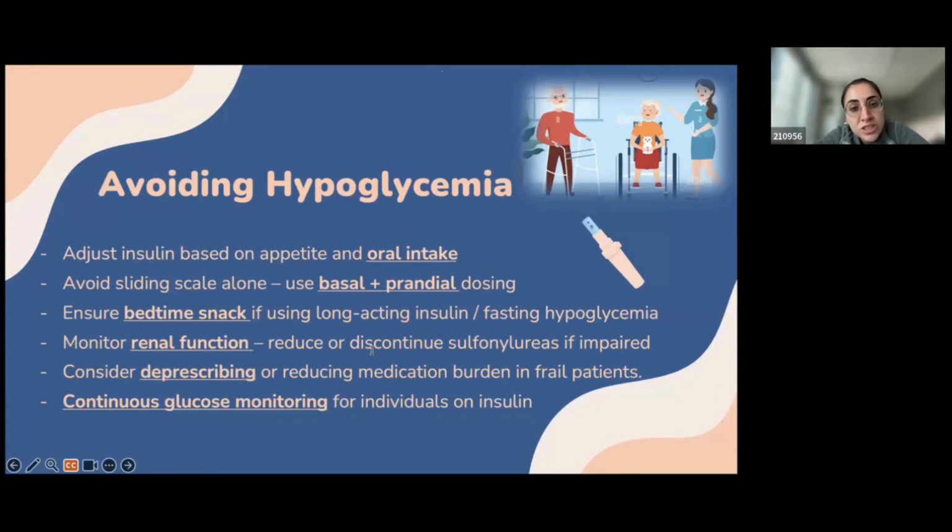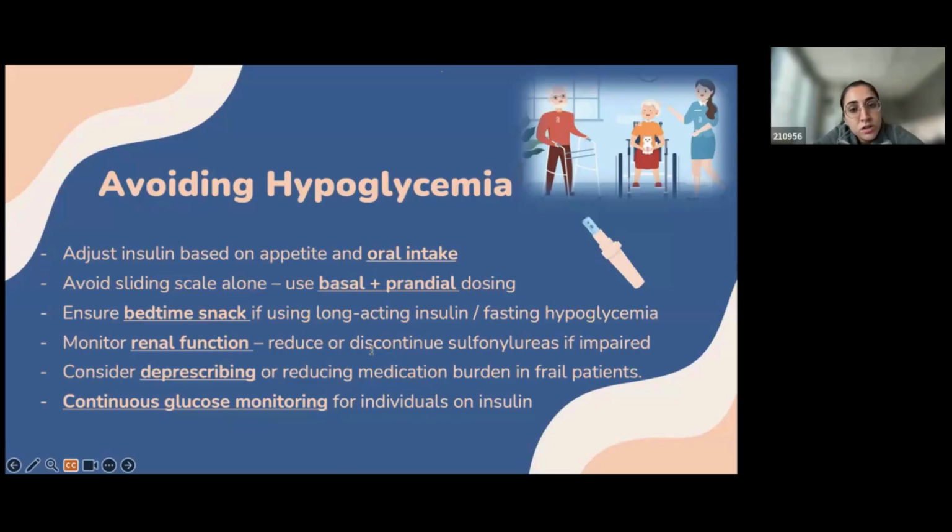Key strategies to prevent hypoglycemia include adjusting insulin based on appetite and oral intake. We want to try to avoid using sliding scale on its own, and I'll go over that in a few slides. We want to use both basal and prandial insulin for better glucose control in comparison to just sliding scale on its own.